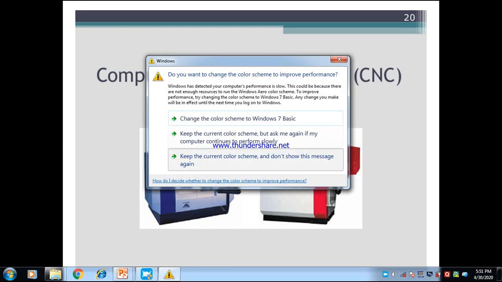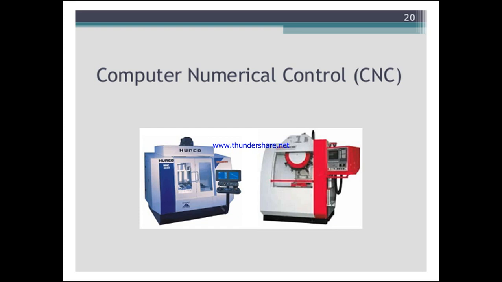So here, computer numerical control is a numerical control system in which a dedicated computer is built into the control to perform basic and advanced NC functions, that is the numerical control functions. So to carry out the different areas to perform, we use the numerical control functions here.